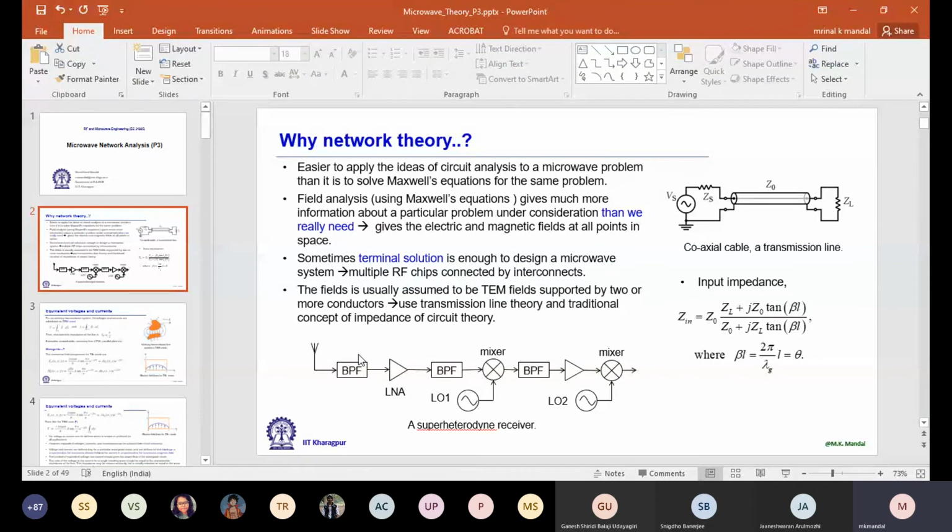When designing a bandpass filter, you have to consider how the electric field and magnetic field distributions are inside, and how the coupling is occurring. You have to play with different couplings, resonators, and other things. So you need microwave concepts. Otherwise, you can't do it at RF frequency.